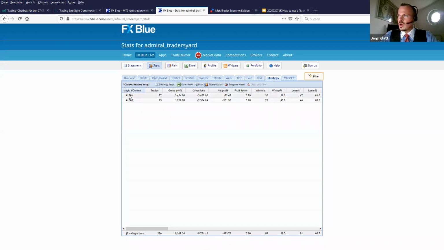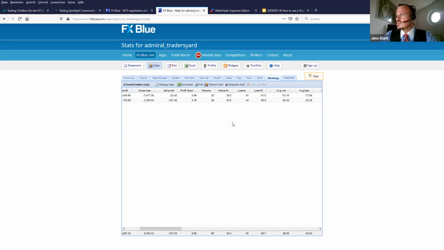So we have 101, this is all DAX trades, and 102, this is all S&P trades. What you can see here is, for example, a net profit of minus 22 euros, which is nearly break even, let's say, while the S&P is obviously finding itself in a very, very difficult spot right now. There's also other information you can draw out of this.